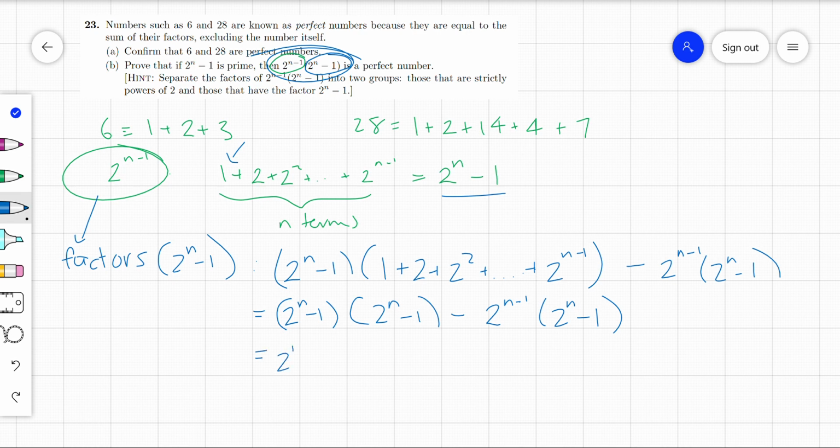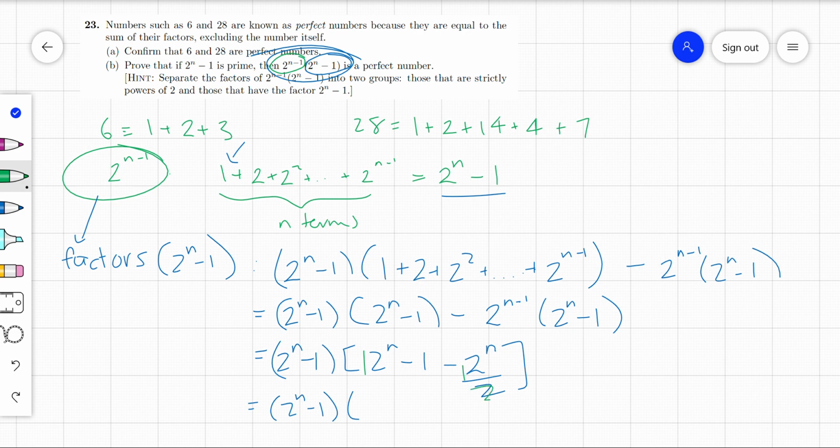If I factorize by 2 to the n minus 1, we're getting 2 to the n minus 1 minus 2 to the n minus 1 on 2. So here we've got one of these, take away a half of them, so there's a half of them, which is the same as 2 to the n on 2, which is 2 to the n minus 1, minus 1. So that's the sum of the factors when they're multiplied by that. When they include 2 to the n minus 1, I get this many. When they don't include that, I get this many.